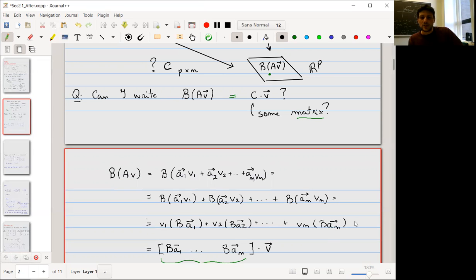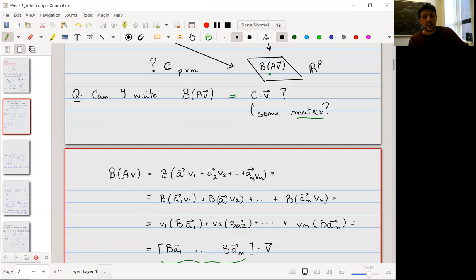Now I have written this as a linear combination of the vectors BA1, BA2, all the way up to BAn, with coefficients the entries of V, V1, V2, Vn. This is exactly the same as writing the vector V times a matrix whose columns are the vectors B times A1, B times A2, B times A3, all the way up to B times An.